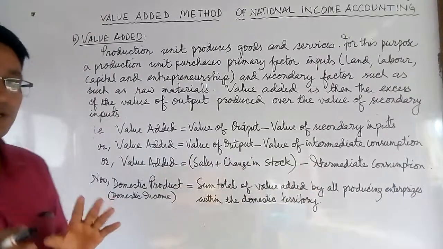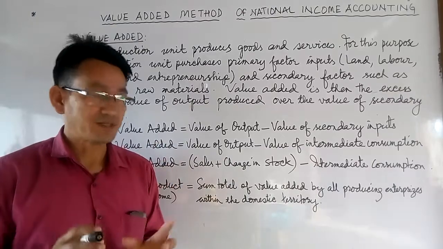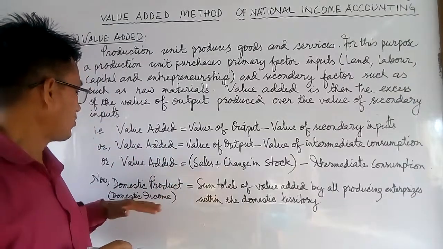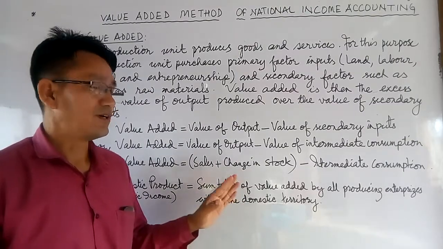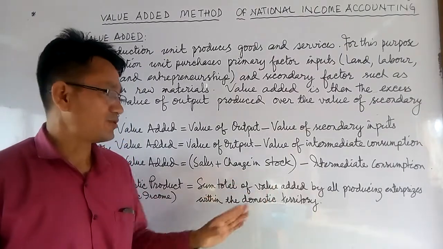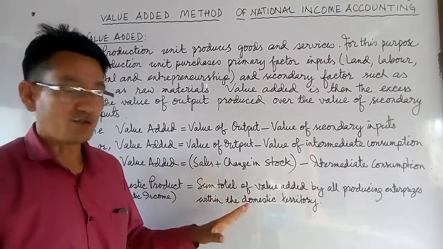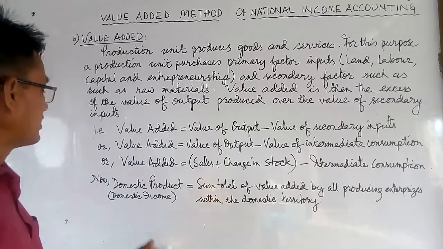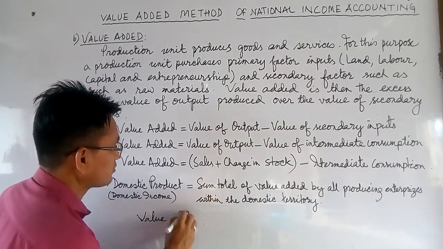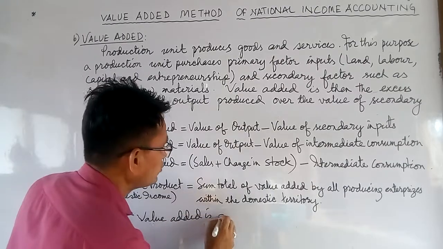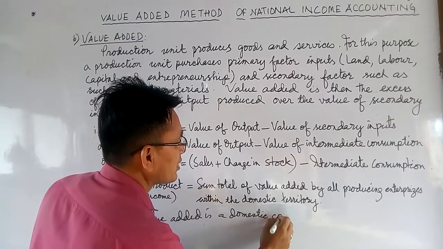What we call the value added is nothing but the domestic product or domestic income. So domestic product or domestic income is the sum total of the value added by all producing enterprises or producing units within the domestic territory. So value added is a domestic concept.